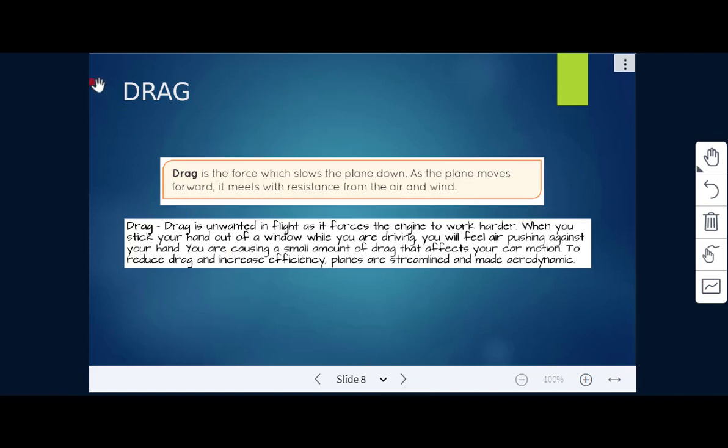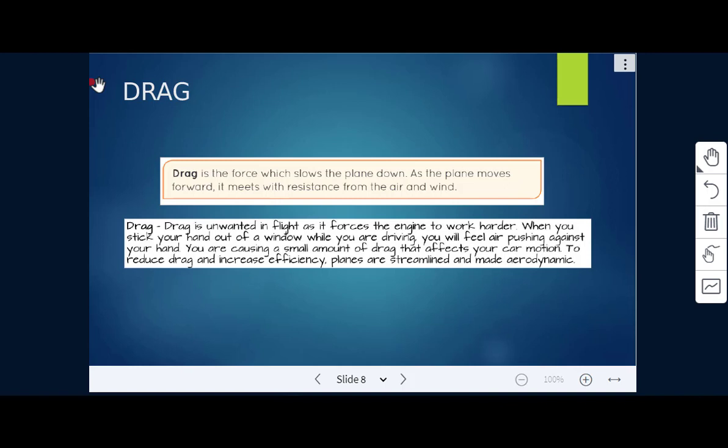The force opposite to thrust is called drag. This is the force that's going to slow the airplane down. As the plane moves forward, it's going to have resistance, air resistance and wind resistance and so on. That's the unwanted force in flight because it's going to force the engines to work harder.